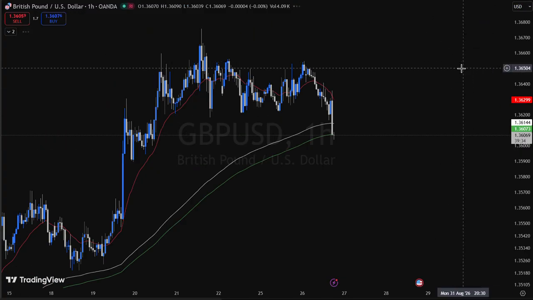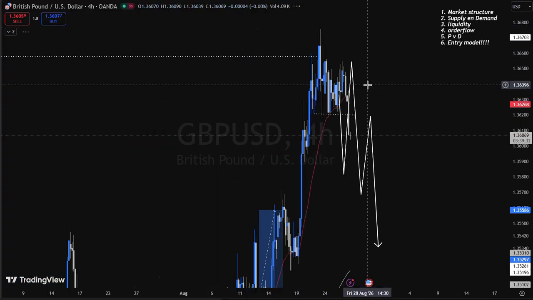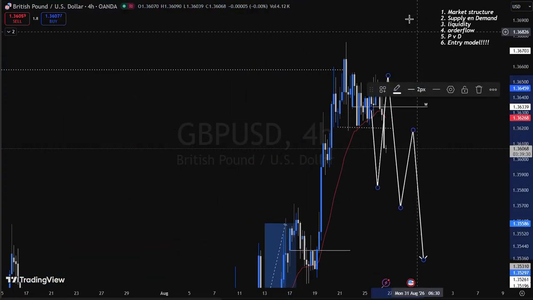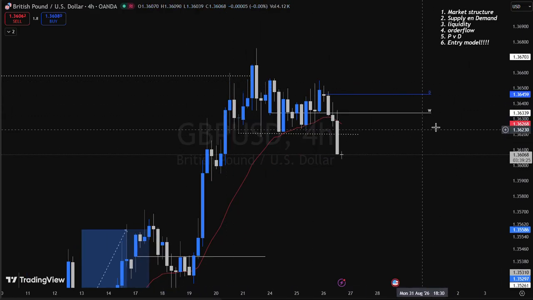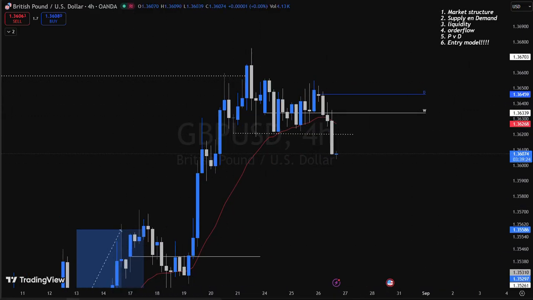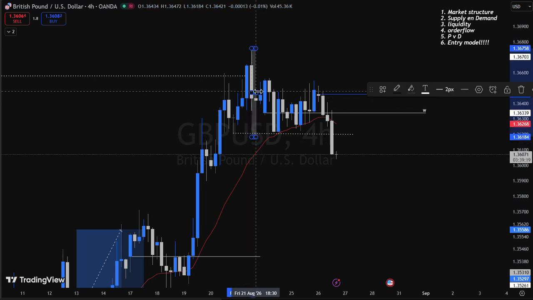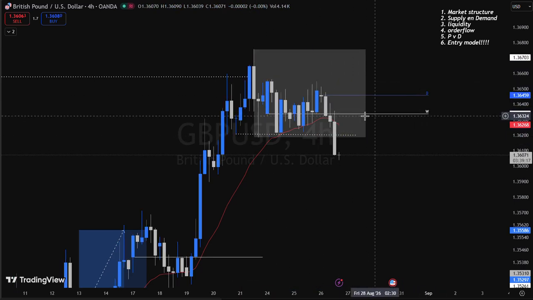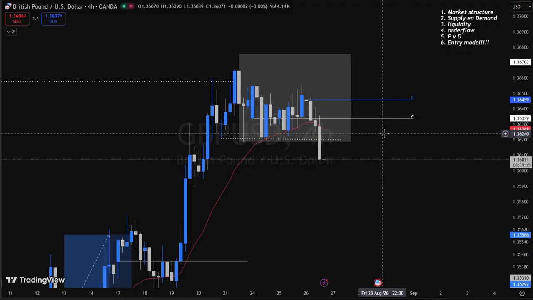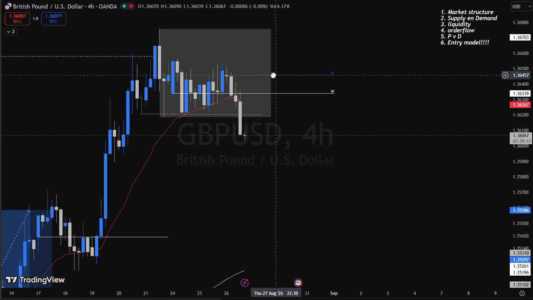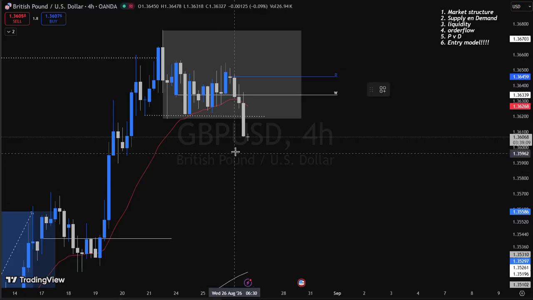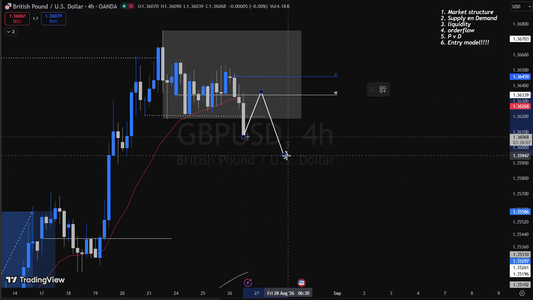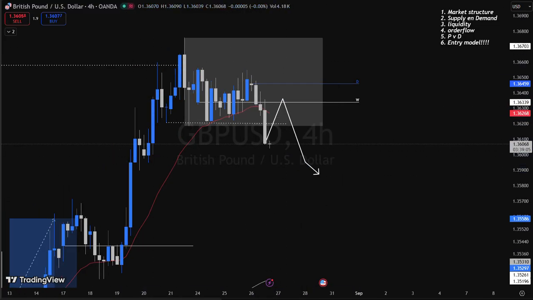The next pair is GBP/USD. For GBP/USD, I'm expecting more downside from here. If GBP/USD has to go downward, it has to hold this supply zone. So I'm expecting downside on GBP/USD from this supply zone. We could see somewhat of this price action for GBP/USD.